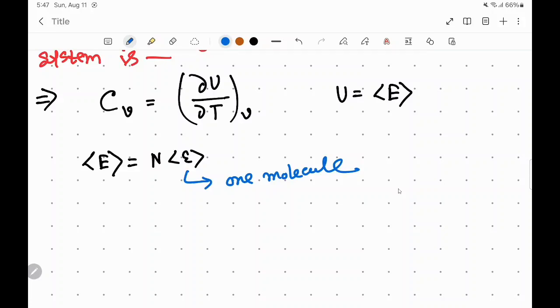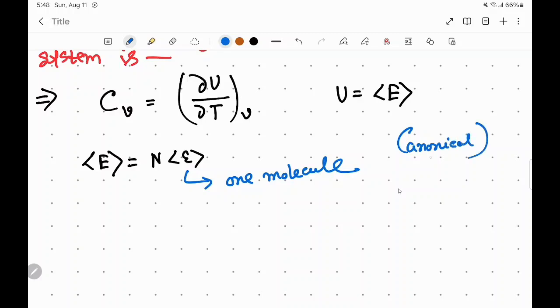Till now we have studied only the molecular partition function. For a system you can also calculate the canonical partition function and grand canonical partition function, which will be discussed probably next week. For the molecular partition function you calculate the average and multiply it by capital N directly, but this formula is only valid for the canonical partition function.